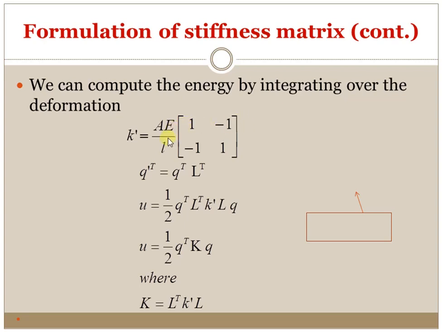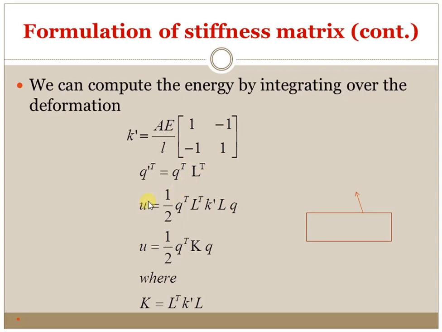A is the area of cross section of that bar or rod, E is the Young's modulus, and L is the length of that element, the spring or bar. 1 -1 -1 1 is the matrix form. Then q dash transpose is equal to q transpose into L transpose, which we discussed in the previous slides.